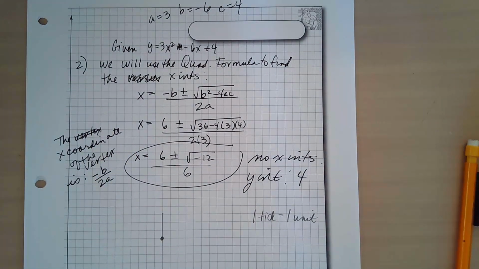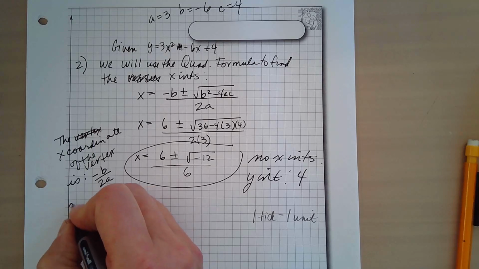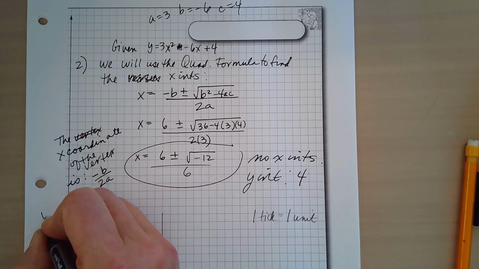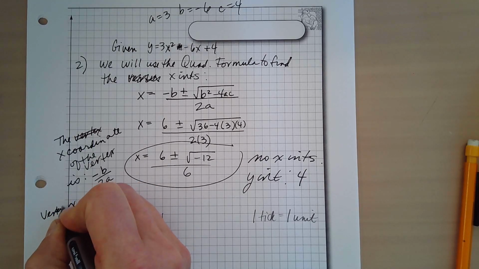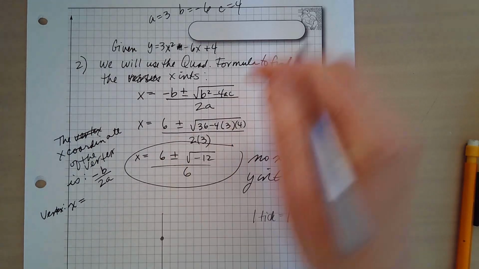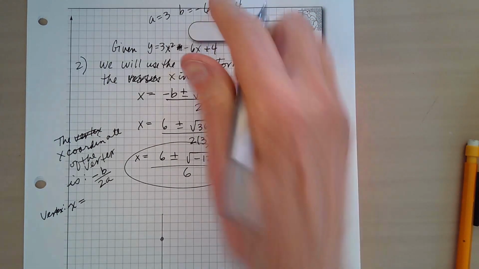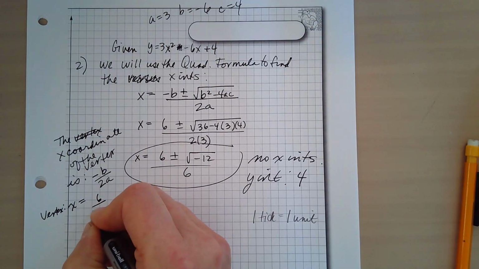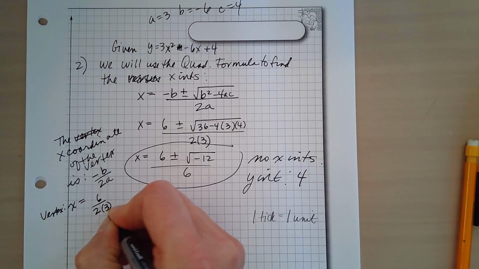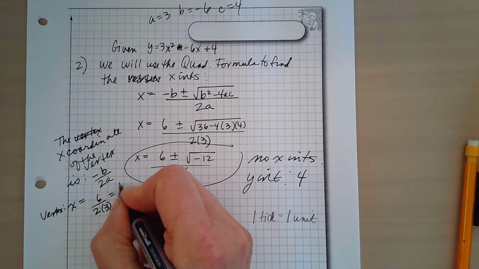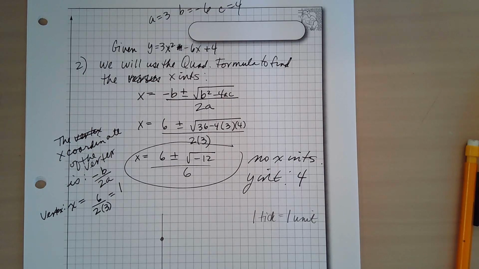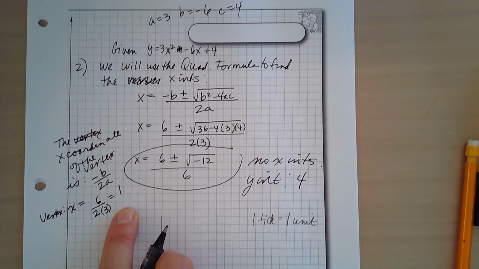And that's just a fact. So x equals, well, negative b would be +6 then, all over 2 times 3, which is 6 divided by 6, which is 1. So the x-coordinate of the vertex is 1.